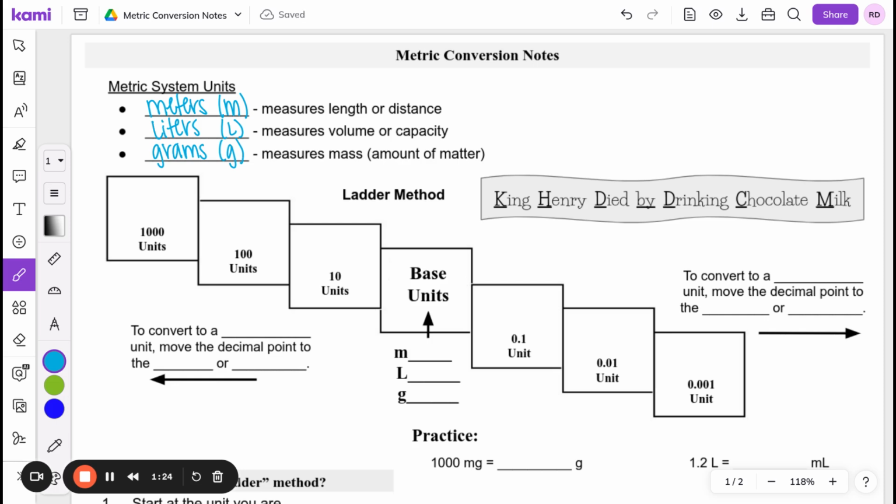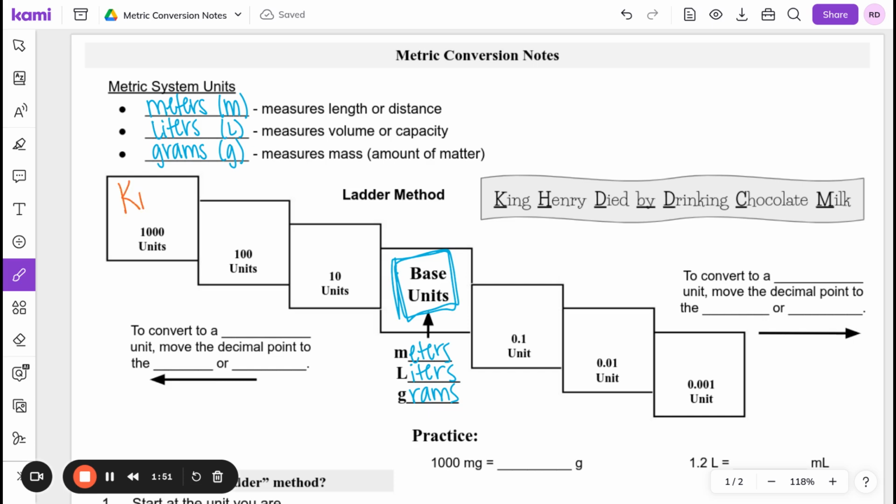So the first method you can use for your metric conversions is the ladder method. So again, everything is right here based off the base units. So under here you have your meters, liters, and grams. Everything's going to go back to those. So I'm going to start at the far left of our ladder, or with the biggest of the metric system.